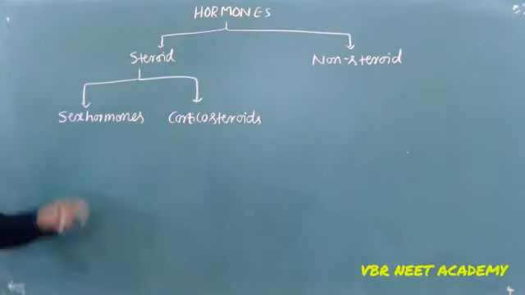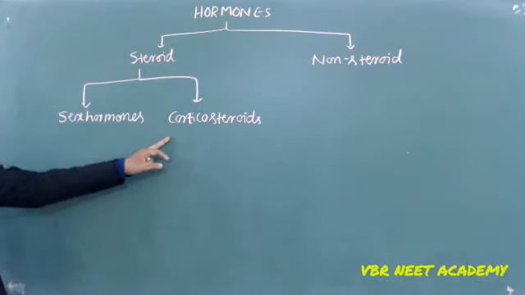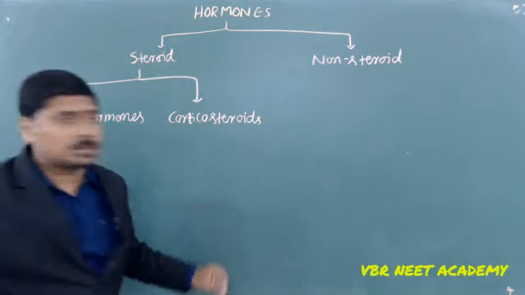Steroid hormones are divided into two types, sex hormones and corticosteroids, and non-steroidal hormones are also divided into two types.